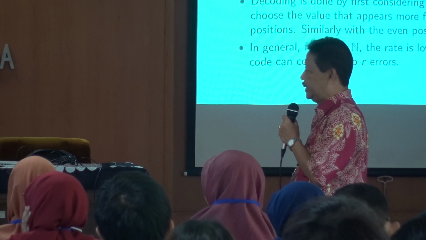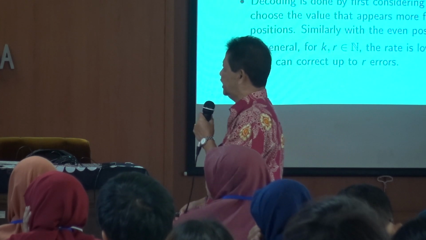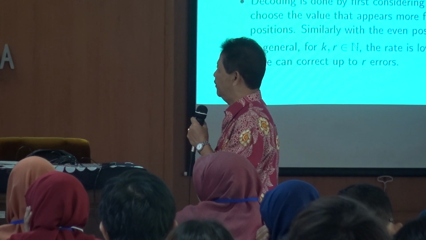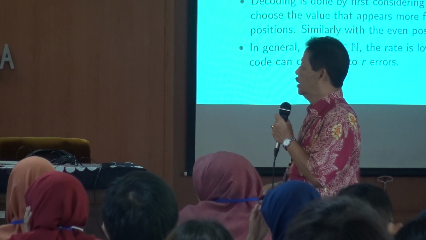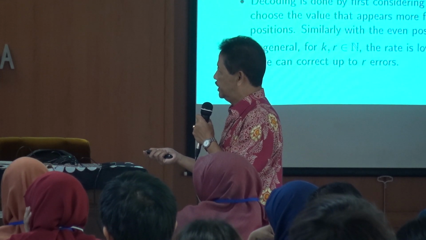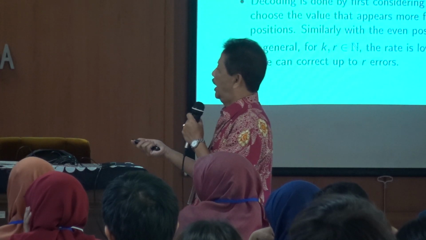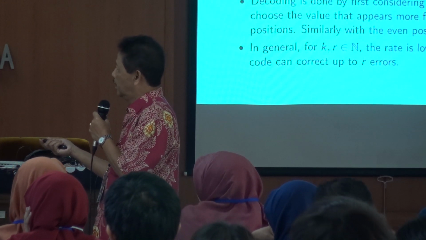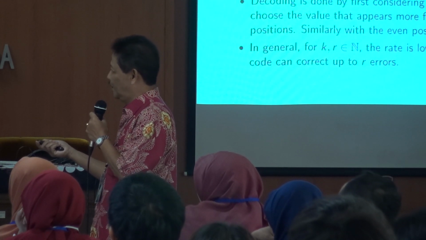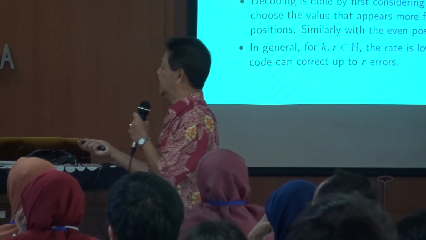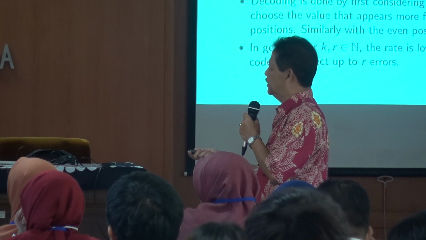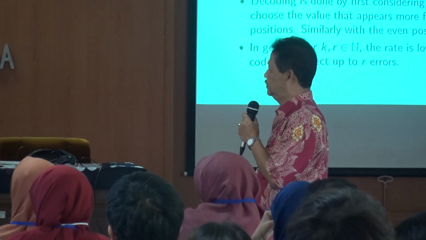Encoding: take any message and repeat it 2r plus 1 times for a chosen r. For example, k is 2 and r is 2, then the digit 0 is repeated 2 times 2 plus 1, that is 5 times, and 1 is repeated 5 times.